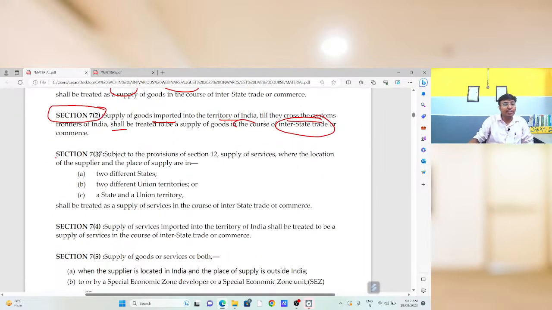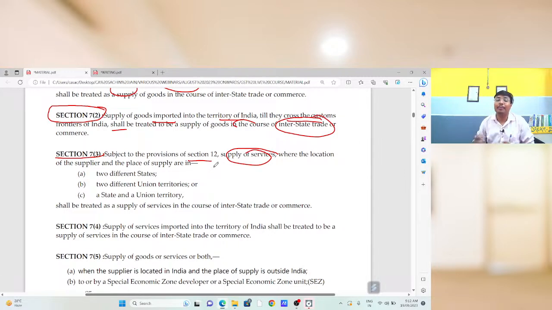Section number 7, subsection 3 says, subject to the provision of section 12, supply of services. So section number 7, subsection 1 talks about supply of goods, while subsection 3 talks about supply of services, when the location of supplier and the place of supply are in two different states, two different union territories, or one state and one union territory.